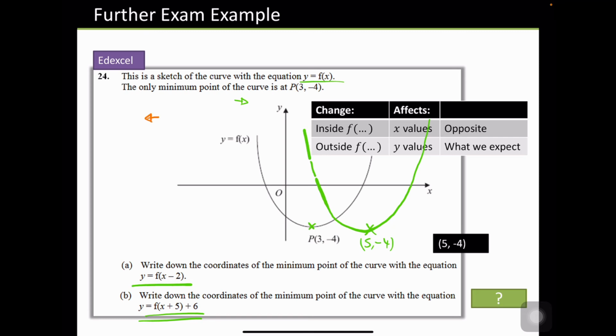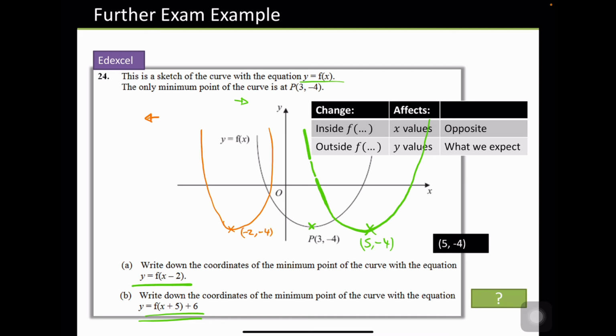So it's going to be here, I think. It's probably not precise, but again, it's a sketch. It's not a perfect drawing. Here we're going to have 3 take away 5, which is -2, -4.